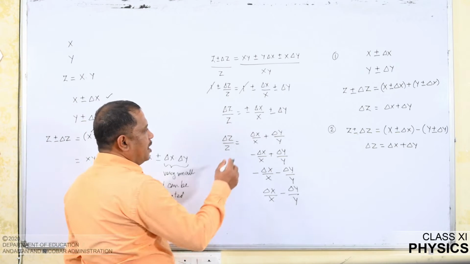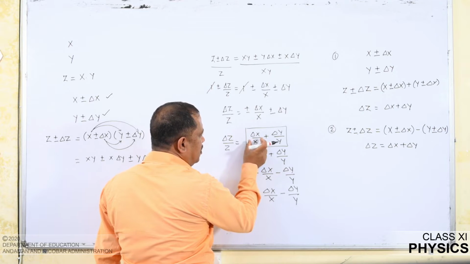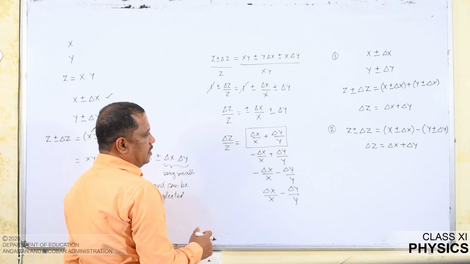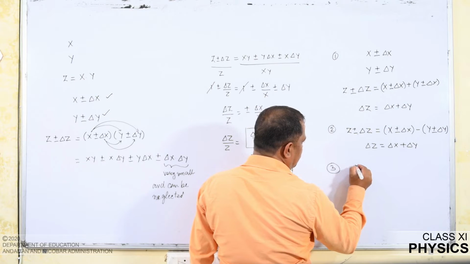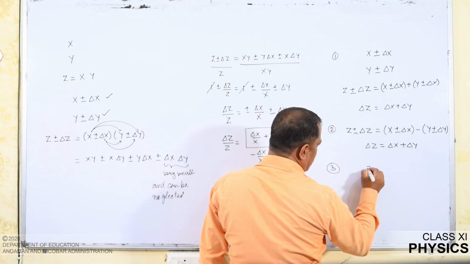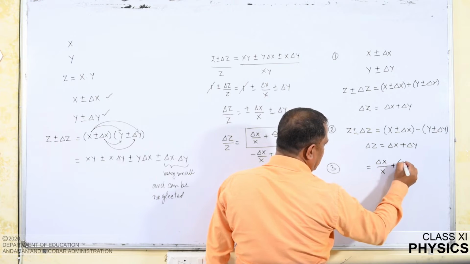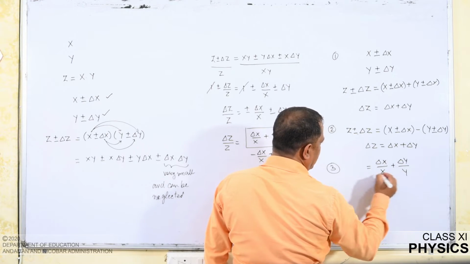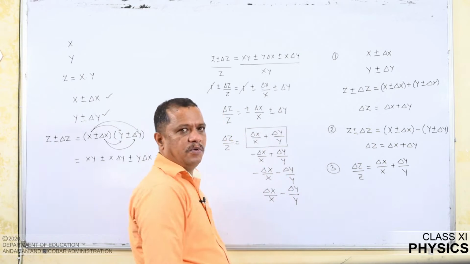The maximum possible fractional error will be equal to delta x over x plus delta y over y, which is the final fractional error that will be present.